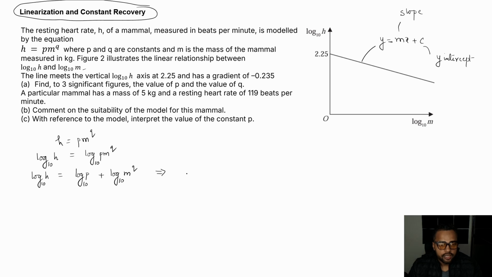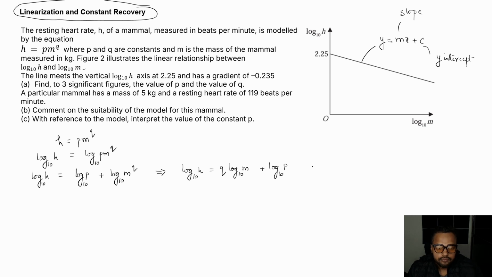This could also be written as log of h base 10 equals, now this could be written, q log of m base 10 plus log of p base 10.